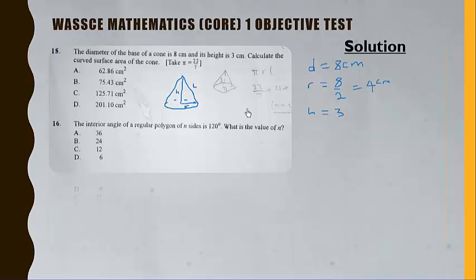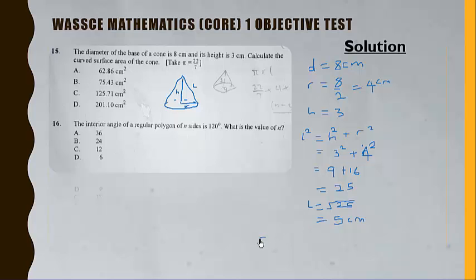So we can use the Pythagoras theorem to determine the L. So the L squared is equal to h squared plus r squared. So we have 3 squared plus 4 squared. So the L squared is equal to 9 plus 16, which is 25. So our L is equal to the square root of 25, which is 5 centimeters.